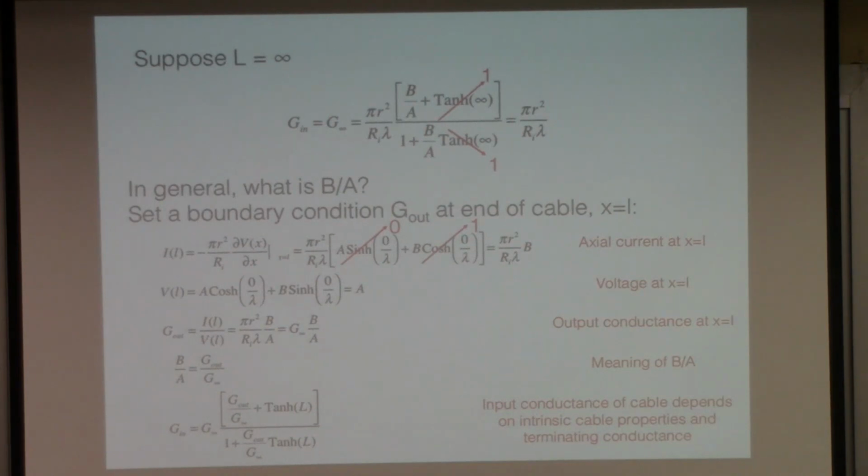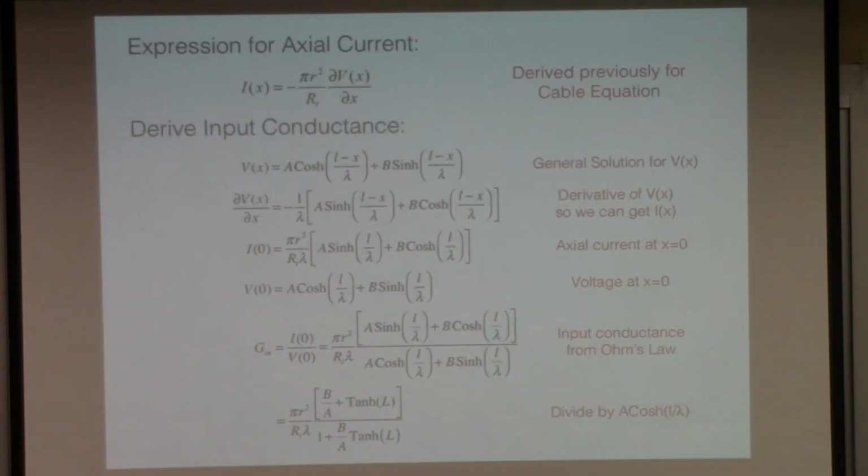Alrighty, so let's now work at the other end of the cable. Let's go to location x equals little l. It's the right-hand end of the cable. So at x equals little l, these arguments are 0, right?